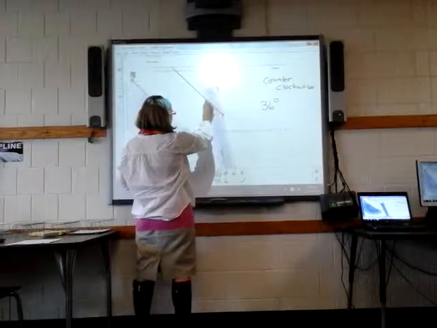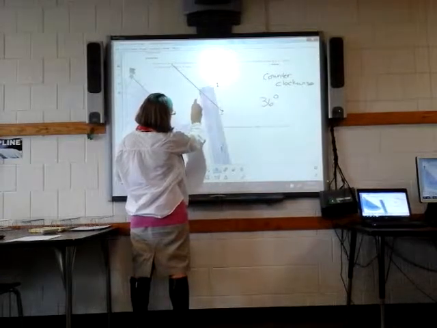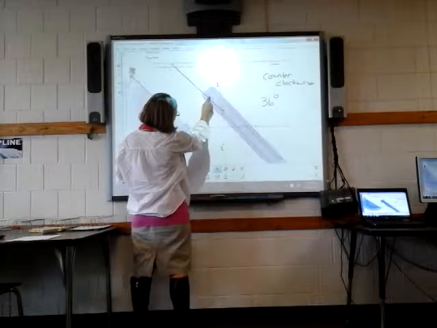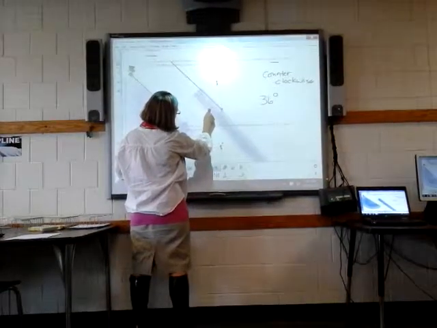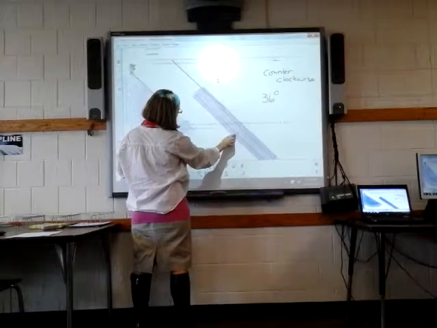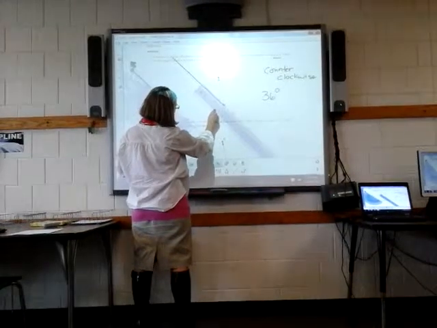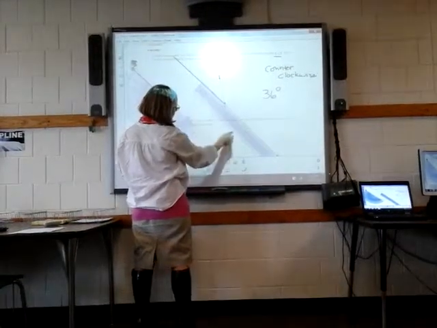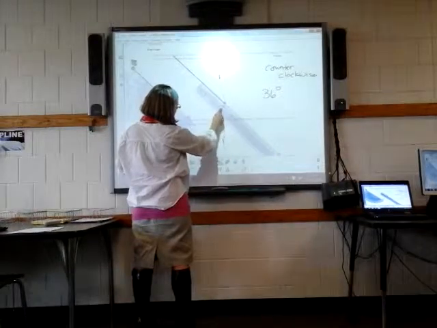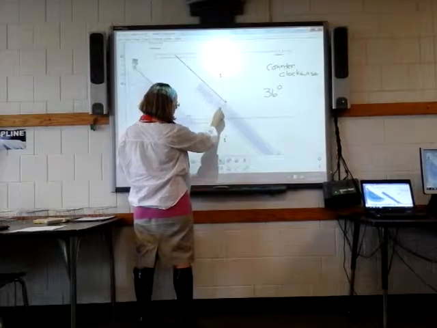So in order for me to place my P over here, I need to find out what 4 centimeters is away from the origin. Again, your ruler should be easier than mine, I hope.